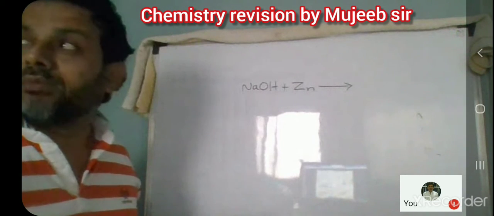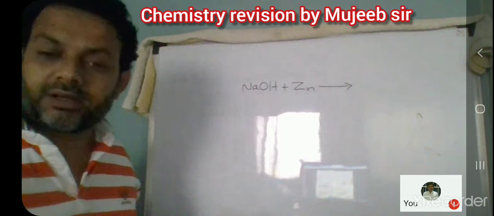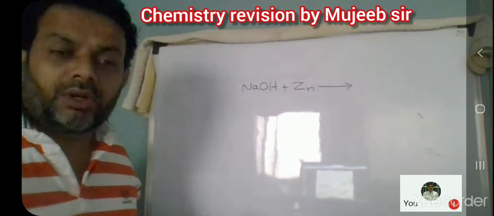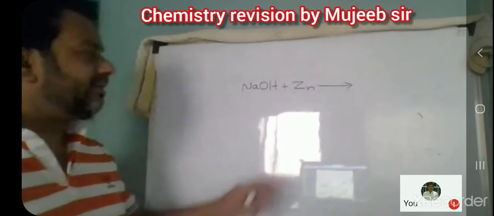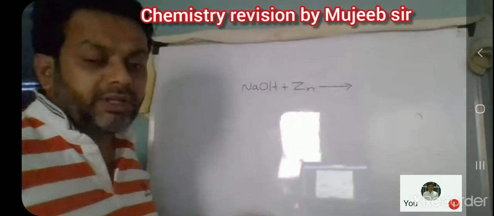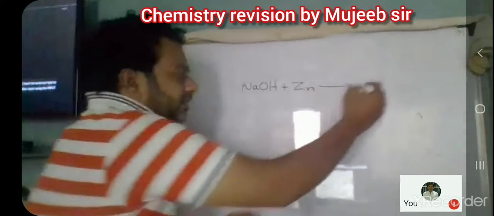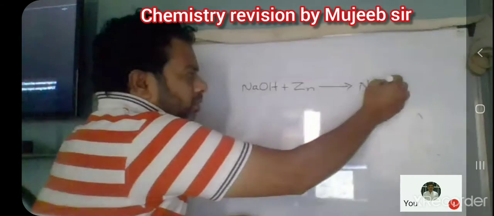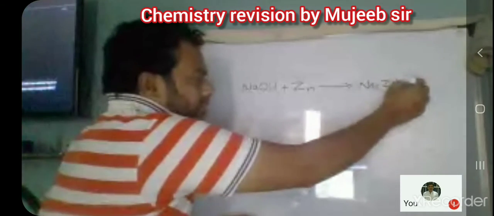Yes. See, मैंने बहुत बार बोला ये आपकी बुक में क्वेश्चन था. It is the only reaction between the metal and the base. You'll get over here Na2ZnO2. Zinc with sodium hydroxide. Okay, Na2ZnO2, sodium zincate, plus hydrogen gas will be given out.